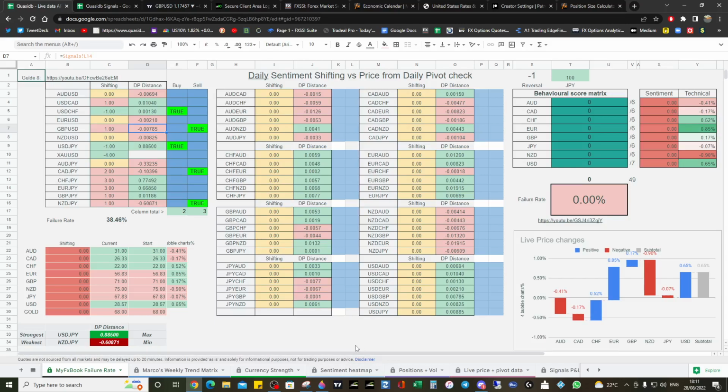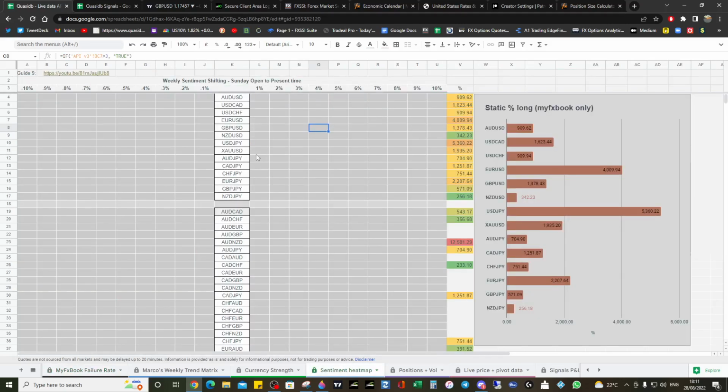That's a good question. It will come when they come, and ideally you probably want to try and wake up early if you're in the States, and they would still be valid. But I would check your sentiment heat map. For example, let's say we got the dollar Swiss signal, and the trigger was to sell, then you'd want to check whether or not the herd is going this way or that way.